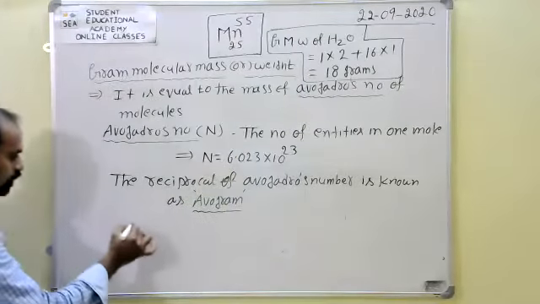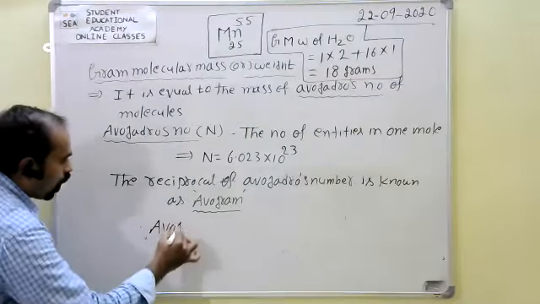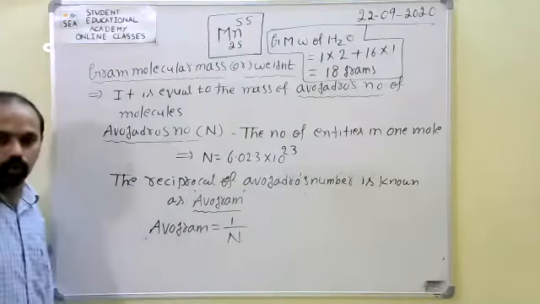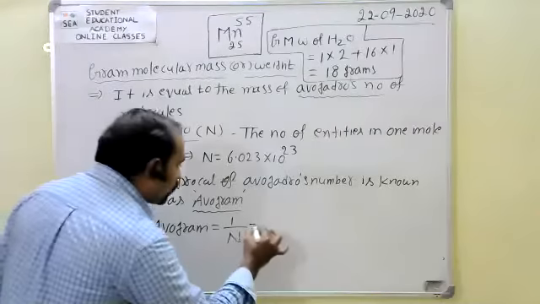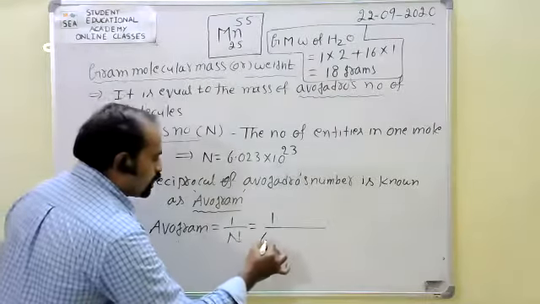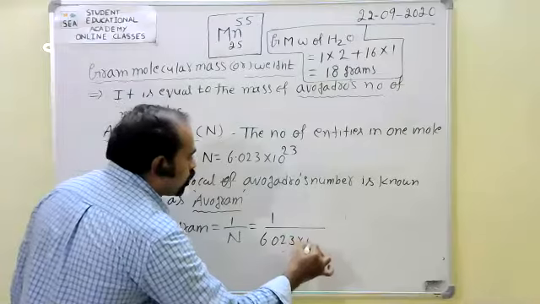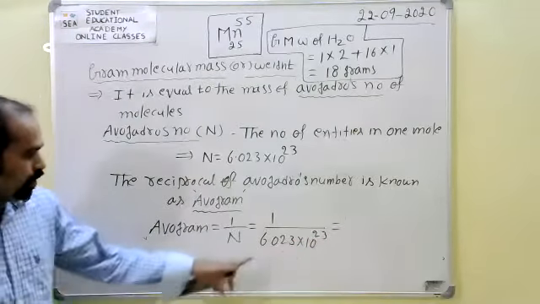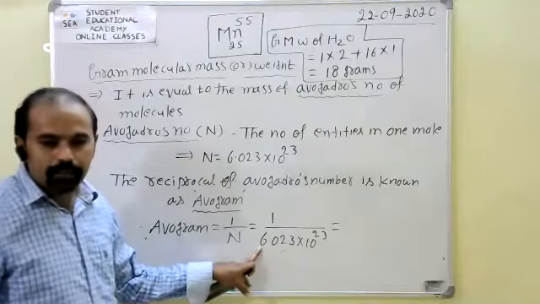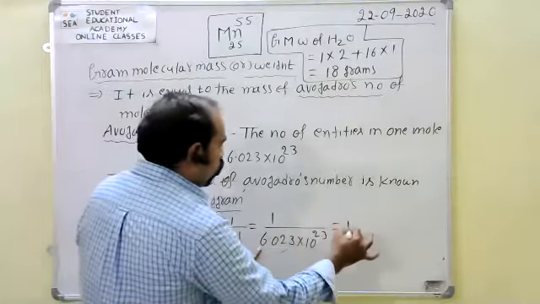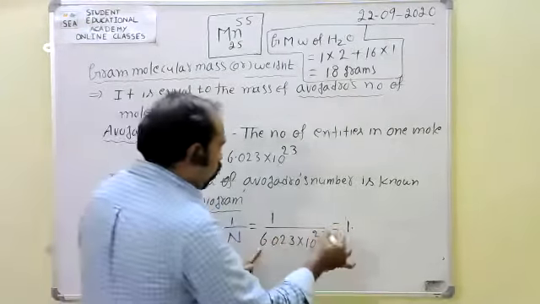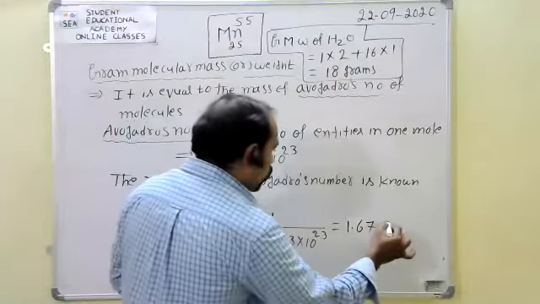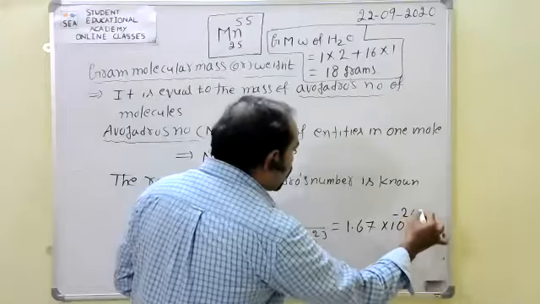Therefore, Avogadro equals 1 by N, because it is the reciprocal. What is the N value here? 6.023 into 10 power 23. If we calculate, approximately we get 1.67 into 10 power minus 24.